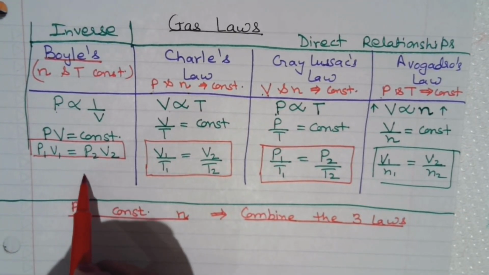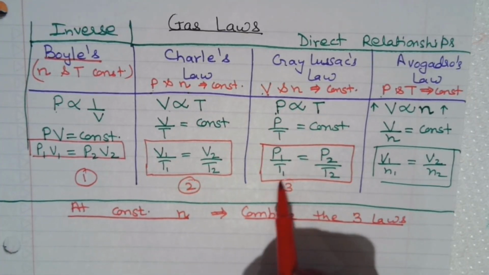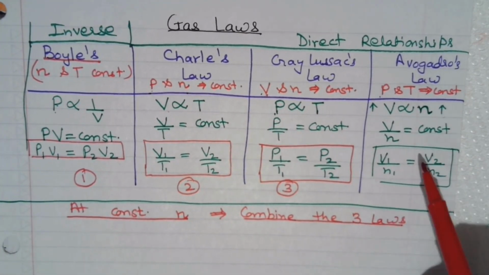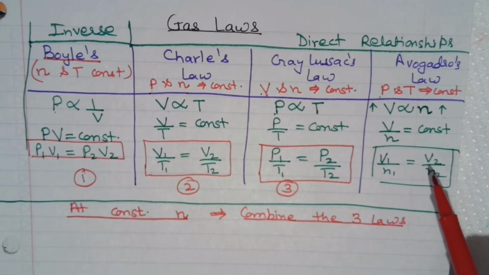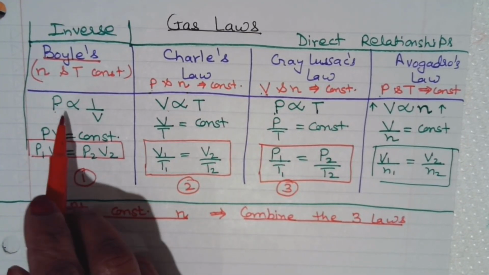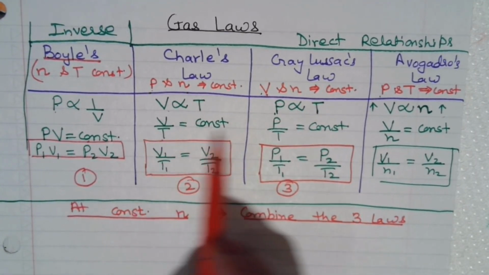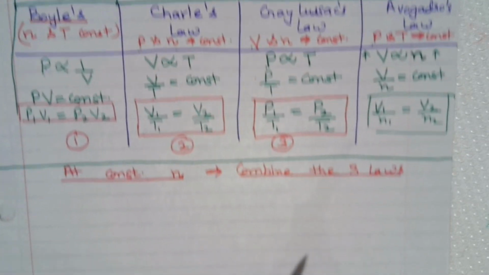Which ones? Boyle's, Charles', and Gay-Lussac's, right? So if we keep the number of moles constant, I can combine these 3 expressions, right? So I can say PV is a constant, V over T is a constant, P over T is a constant, right?